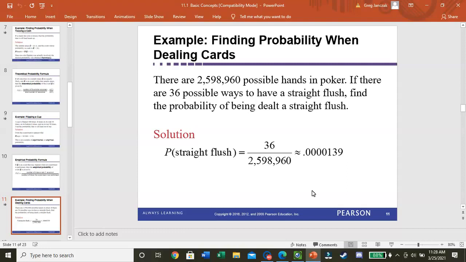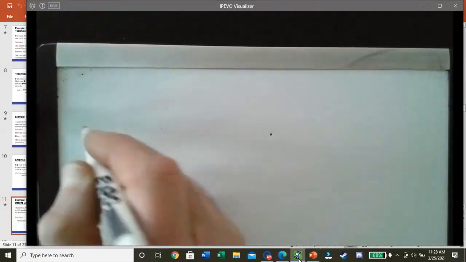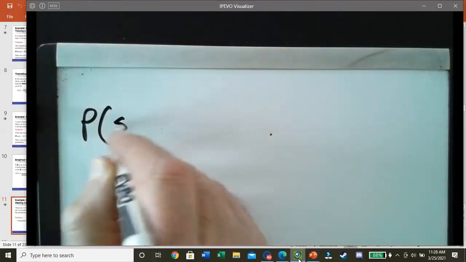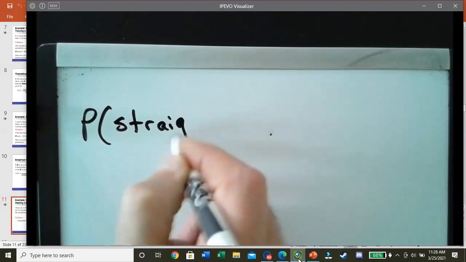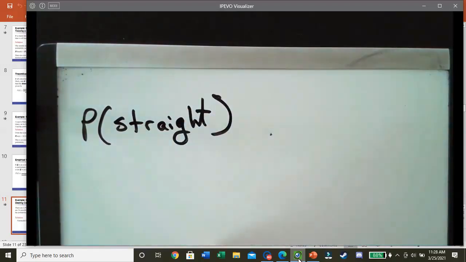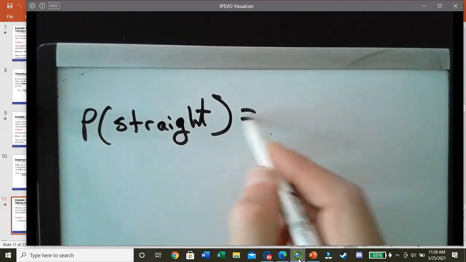So you're looking at probability of getting a straight, right? 6, 7, 8, 9, 10 of the same suit or whatever straight, right?